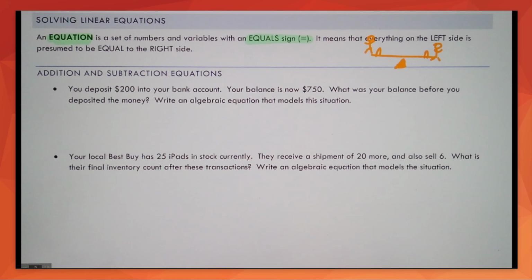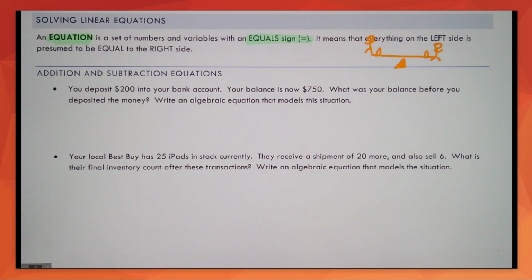Depending on who's heavier, the seesaw is going to change. The side with the heavier person is going to go lower than the side with the lighter person, and that's because the weight on both sides is not equal.